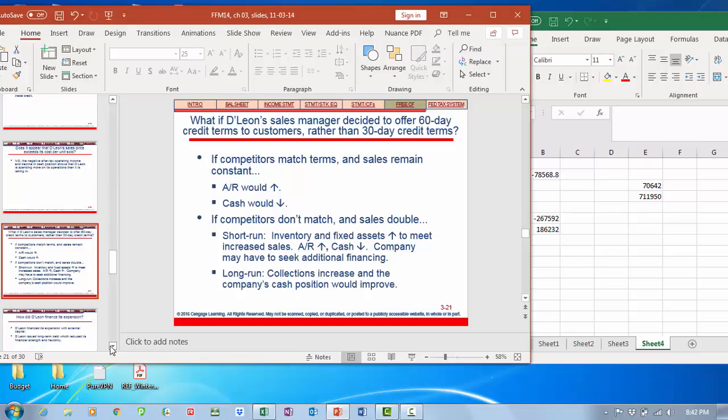So in that case, our accounts receivable would increase, cash would decrease. But what if competitors do not match and sales double? Now, that is actually good because our sales number would increase because customers would shift to our business, because now we're giving them more time to pay.